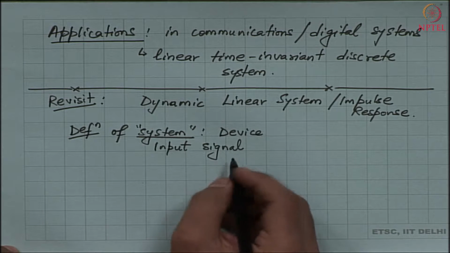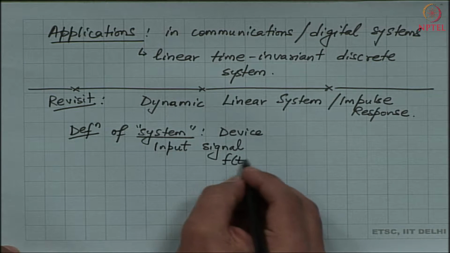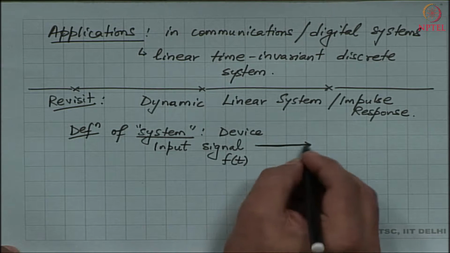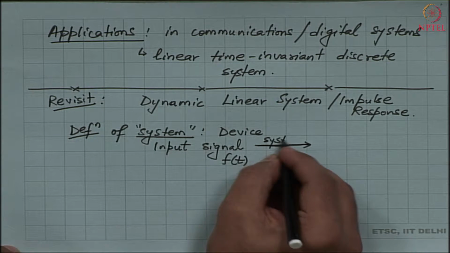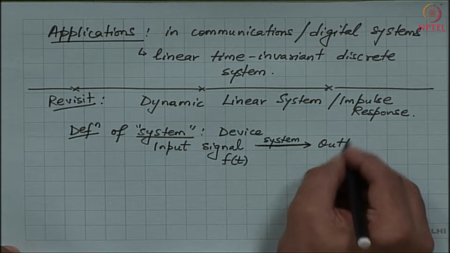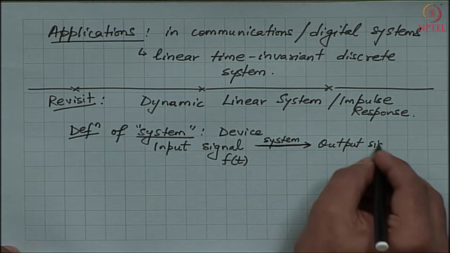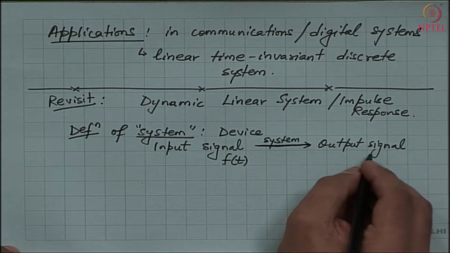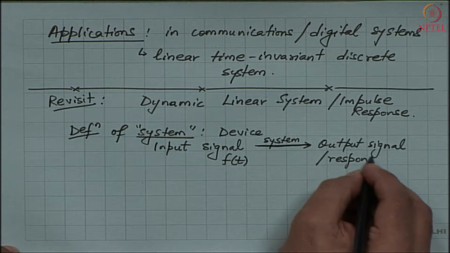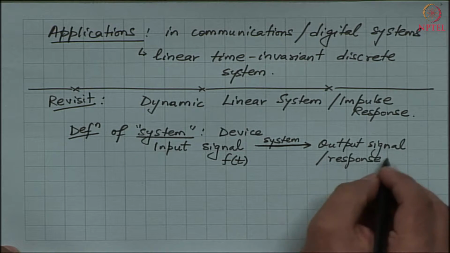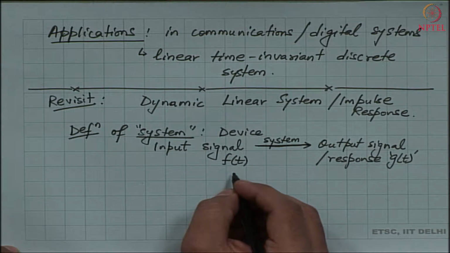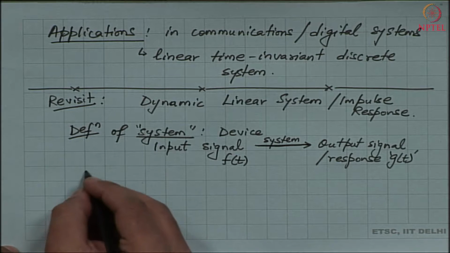I call that signal the function f of t, and it goes through the system, and what we get is an output signal, also known as the response function, denoted by this continuous function g of t.